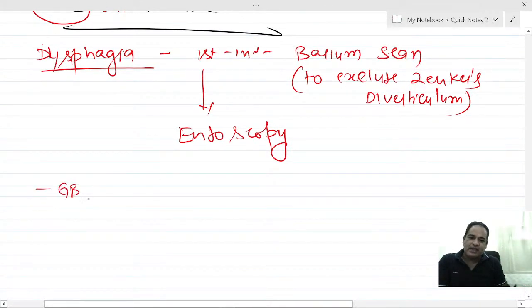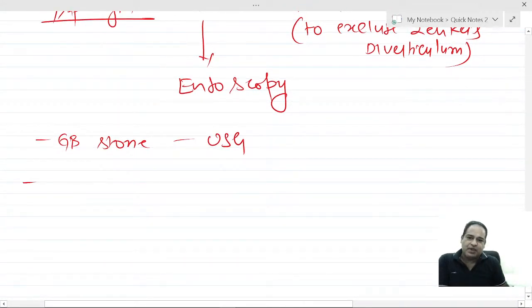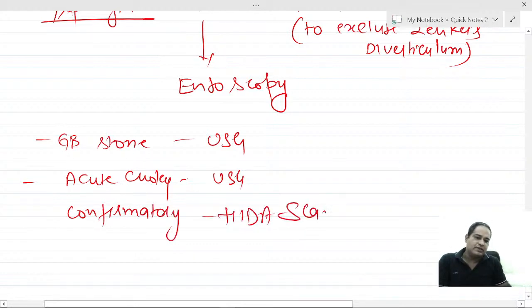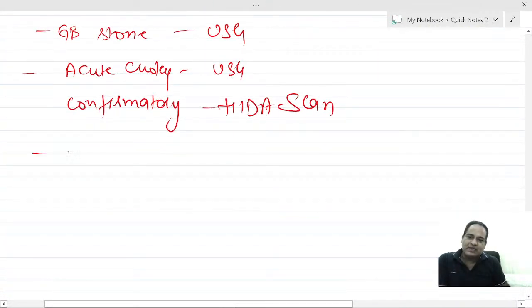Investigation of choice for gallbladder stone: it has to be ultrasound. Investigation of choice for acute cholecystitis: fine, it has to be ultrasound. Confirmatory investigation is HIDA scan.